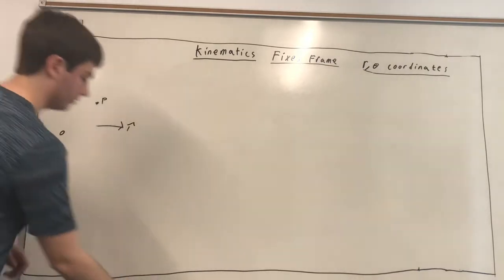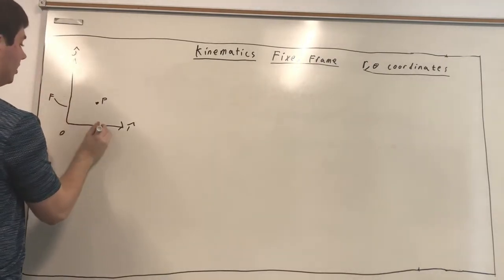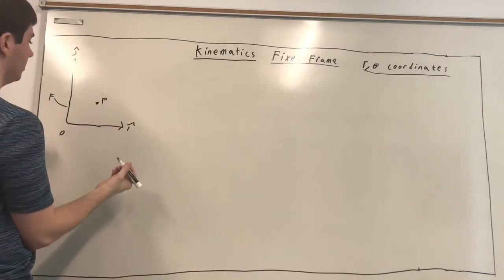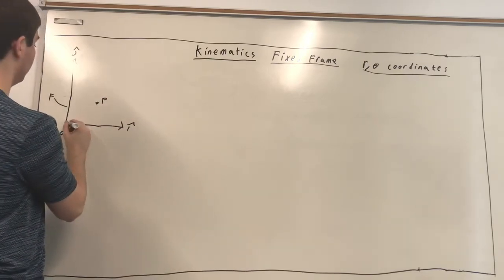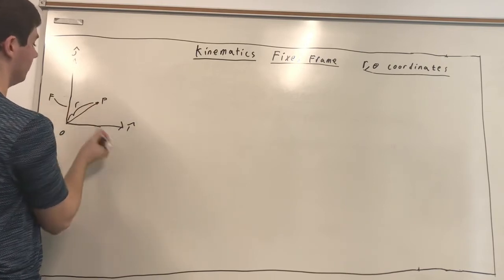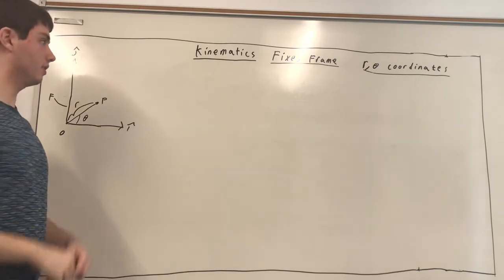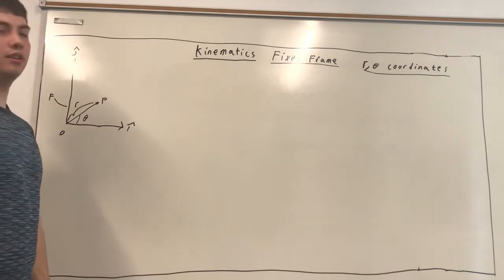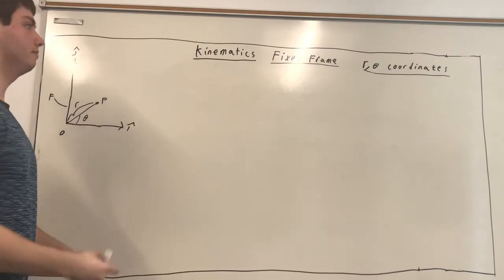So you still have the same i hat, j hat, fixed frame origin, point here. Only now when you measure the point, you have r here and you have theta here. So next I will show the kinematics for the r and theta coordinate system.